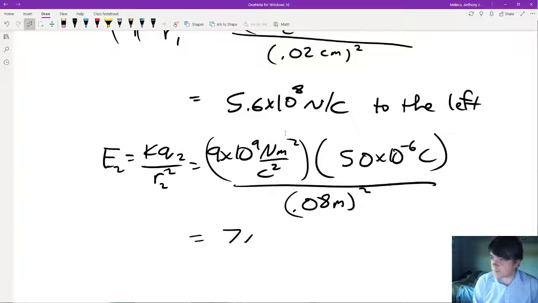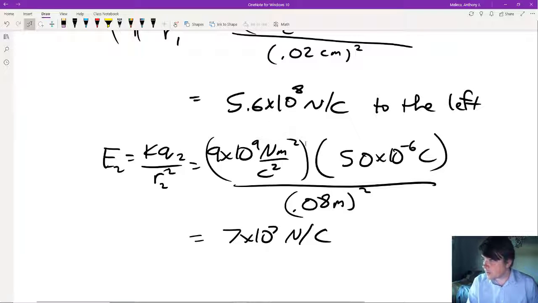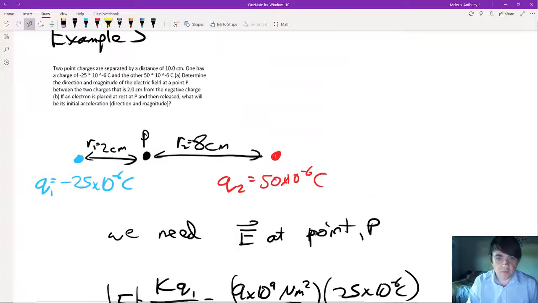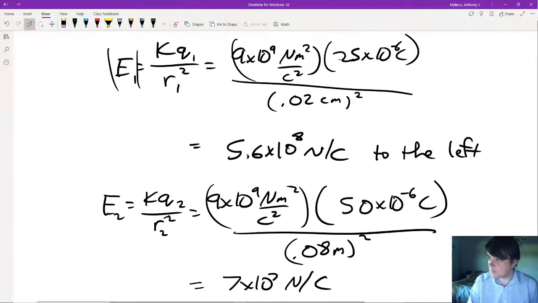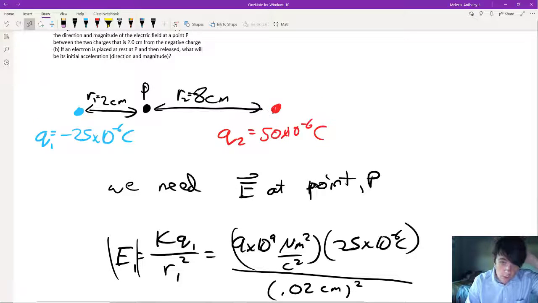And this is equal to 7 times 10 to the 7 Newton per Coulomb. And this will also be to the right. Or no, wait, it's pushing outward, so it's to the left, sorry.